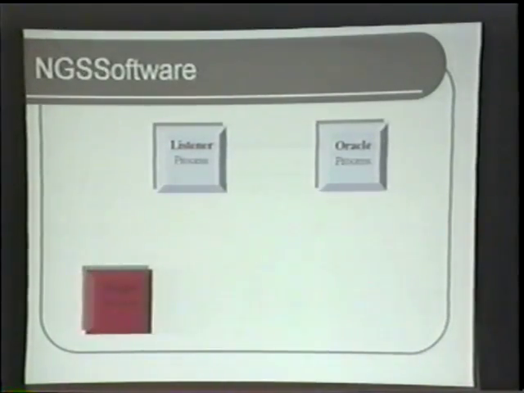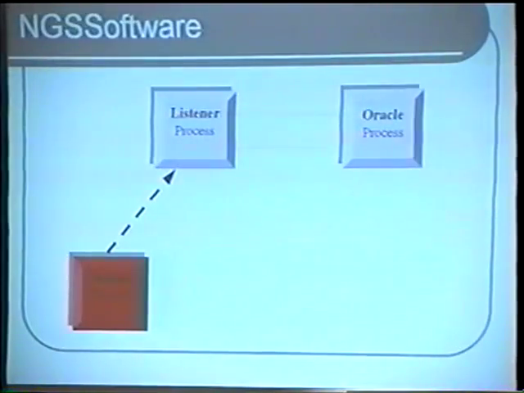Now, what we can actually do is be a rogue process, whether that is local to the database server or remotely. What we're going to do here is essentially speak to the listener and pretend to be an Oracle process. As long as we're speaking the same language, it should do our bidding just like it did Oracle's bidding. Remember, we need a user ID and password to gain access to, like Oracle.